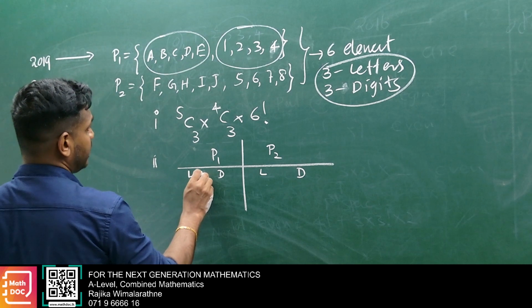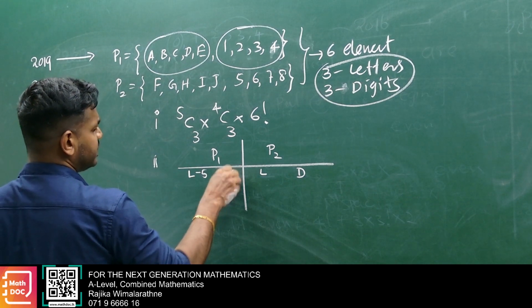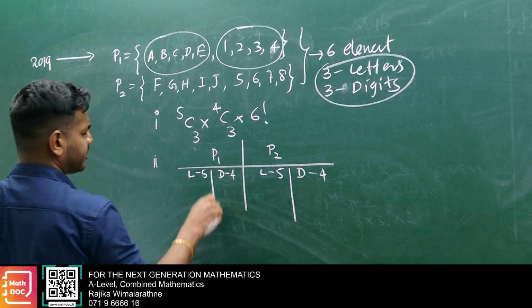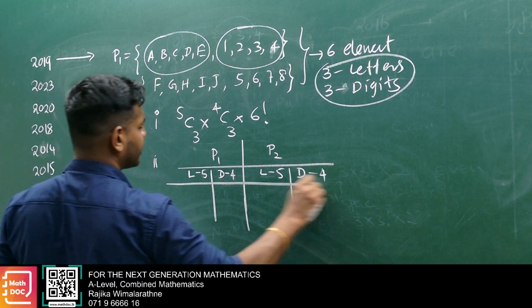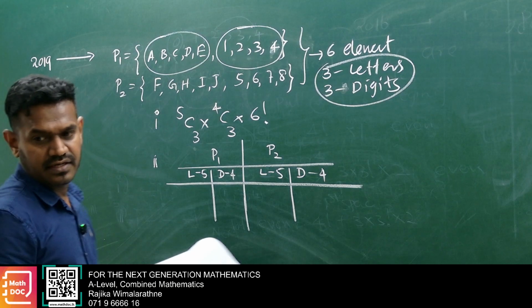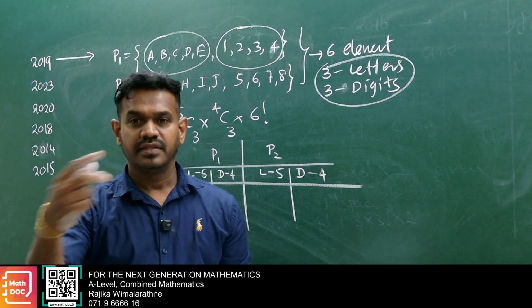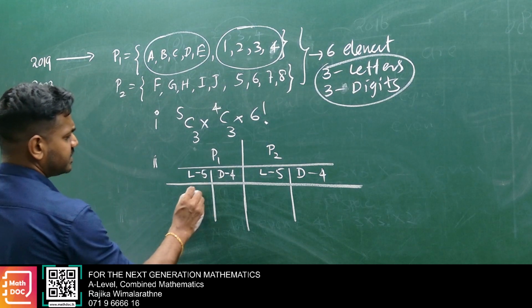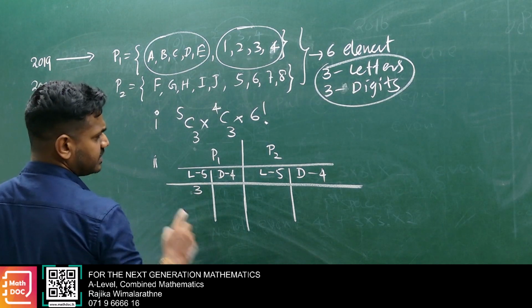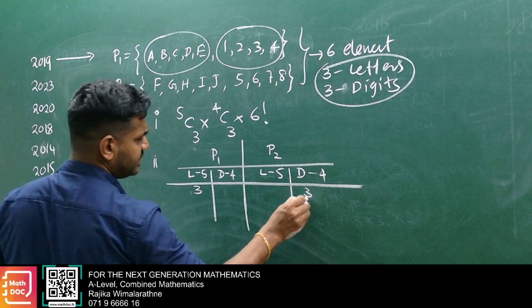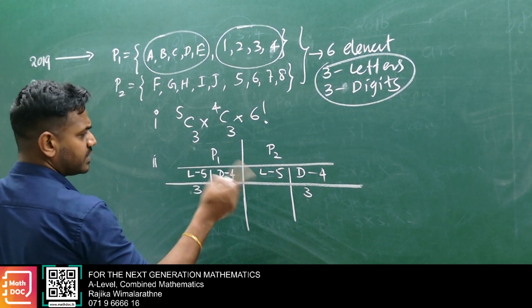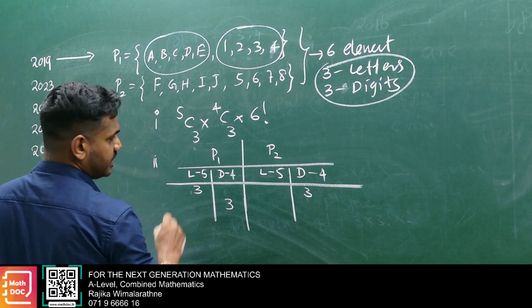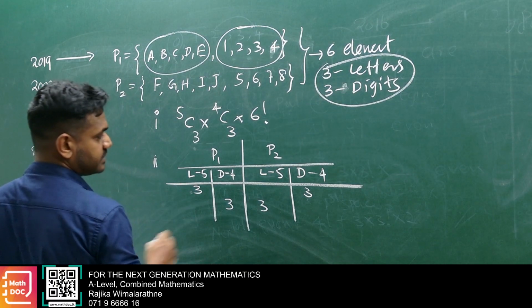Here 5 letters, 4 digits. Take this table. Then from P1, take 3 letters and take 3 digits. Or you can swap it: 3 digits, 3 letters.